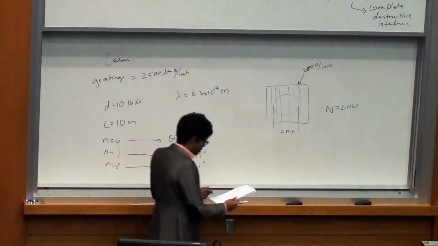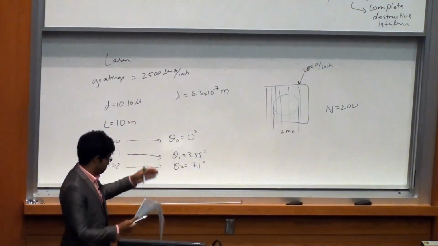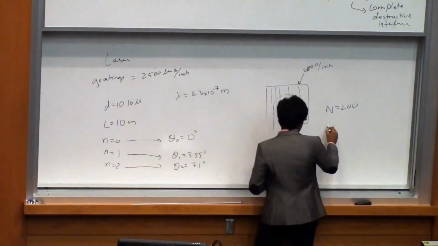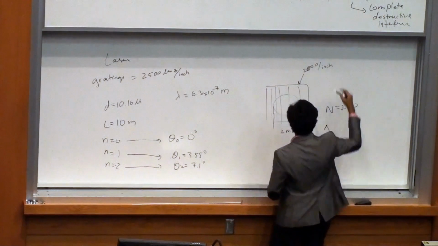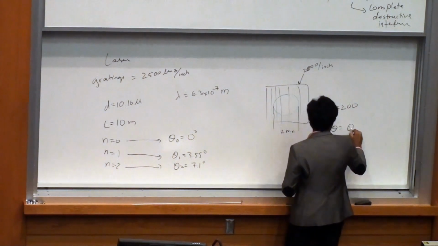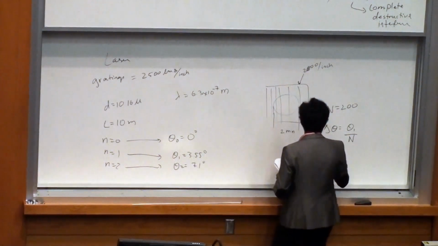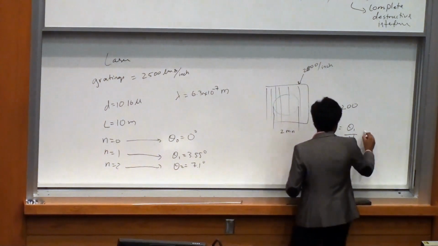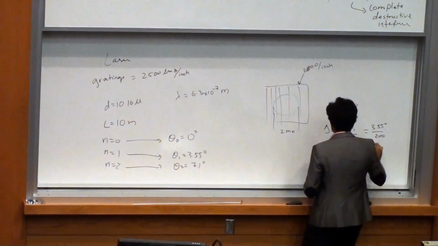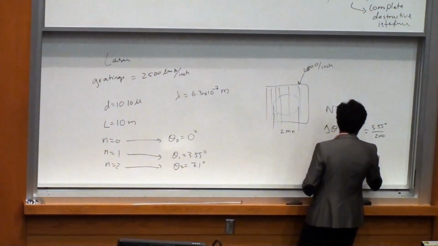So now, using that, I can calculate how wide my intensities are going to be. The width is, as I mentioned on the board in the middle over there, delta theta equals theta 1 over n. Theta 1 here is 3.55 degrees, so this equals 3.55 degrees over 200. This is going to give me a measure of 1 arc minute.